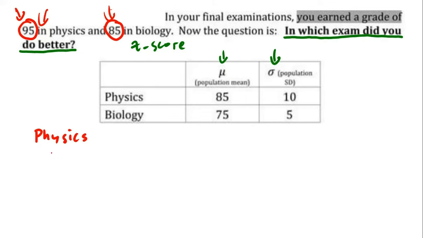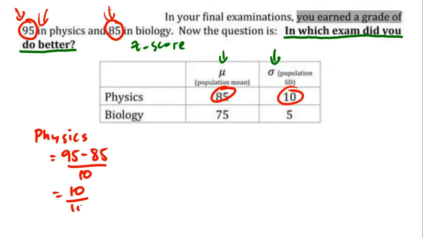So, z for physics is equal to X. What is our X? Yung grade ninyo mismo, 95 minus mean ng physics is 85 over standard deviation, which is 10. Okay, so 95 minus 85 is 10 over 10, which is 1 only.